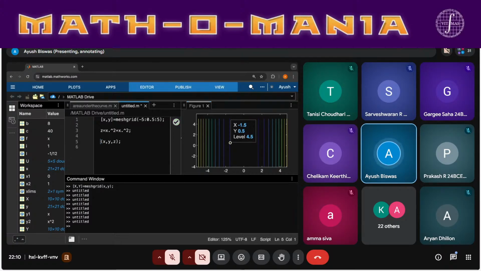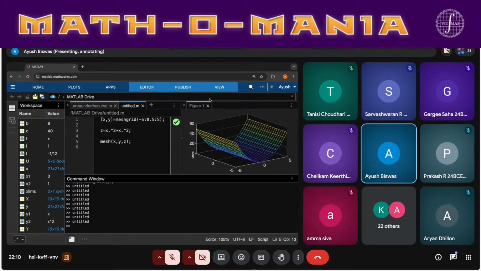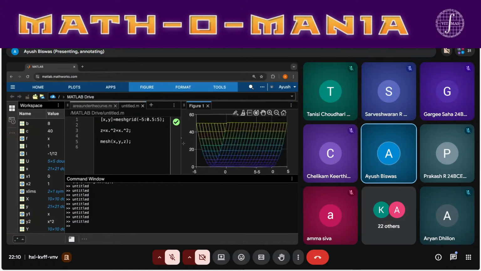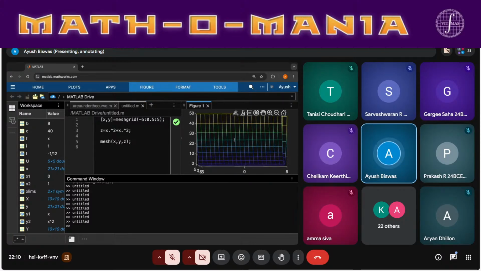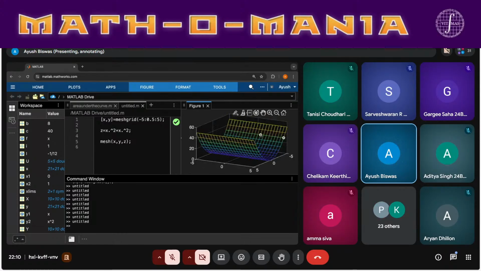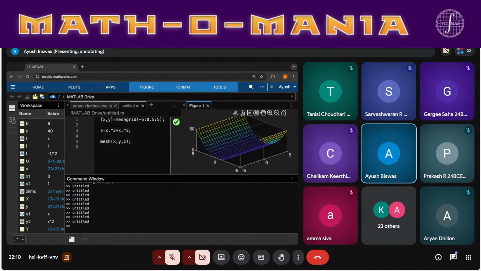Let's see how these differ from mesh plots and surface plots. If we use the same data and we plot a mesh plot, we can see it gives us the 3D visualization, but it is a mesh, and we can clearly see what is opposite to it, and also we can see through it.